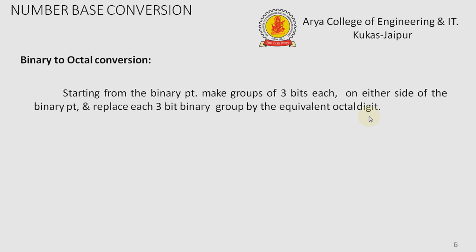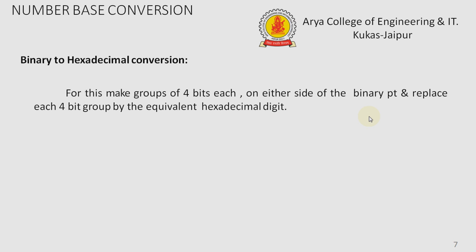One group is 111 and the other group is 110. When I convert to octal, 111 becomes 7 and 110 becomes 6, so the value is 67. This is how we can convert a binary value into octal.